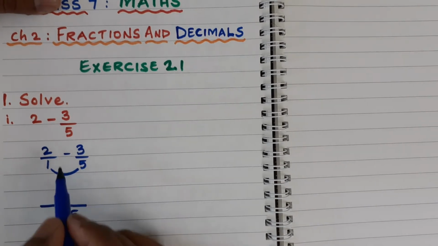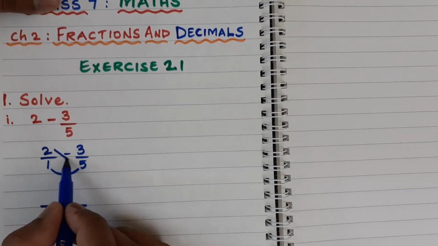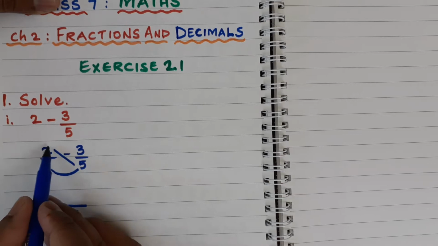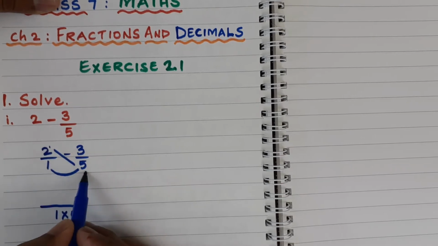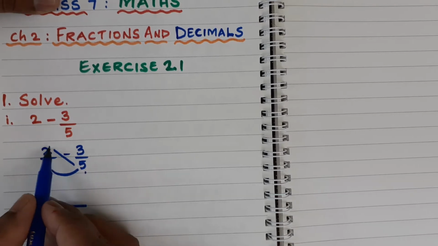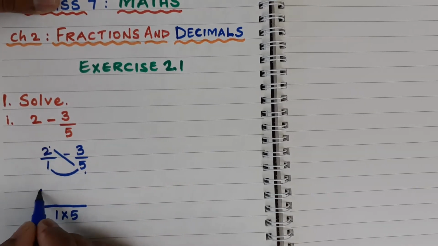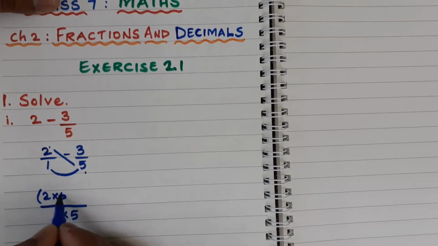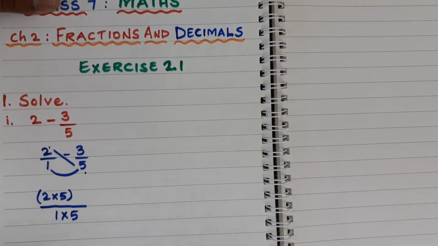The next step, cross multiply the numbers, numerator into denominator. I will write here 2 into 5 like this.